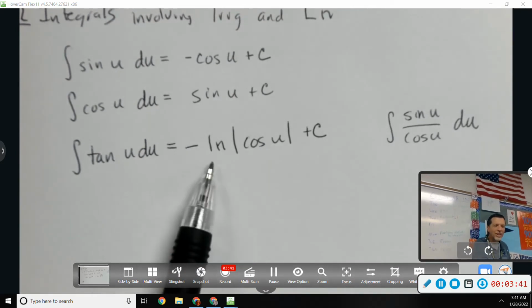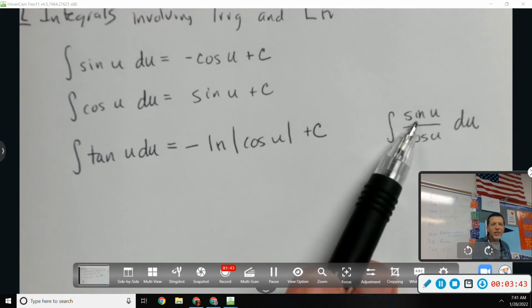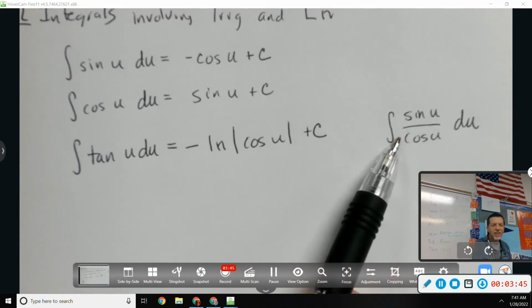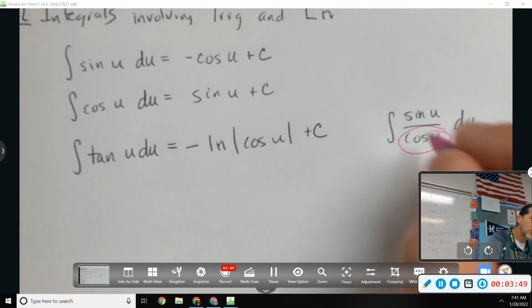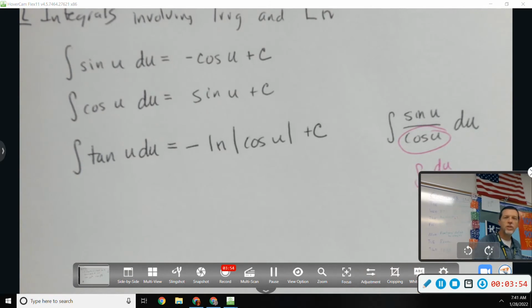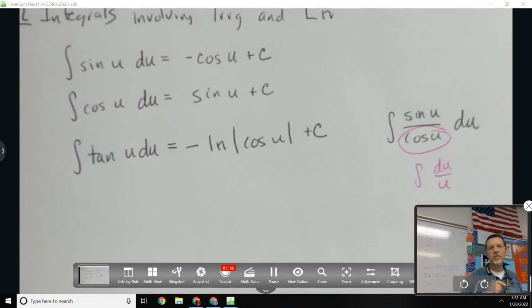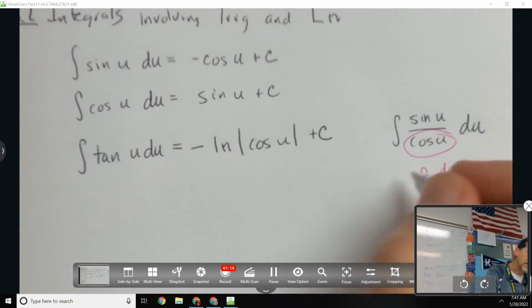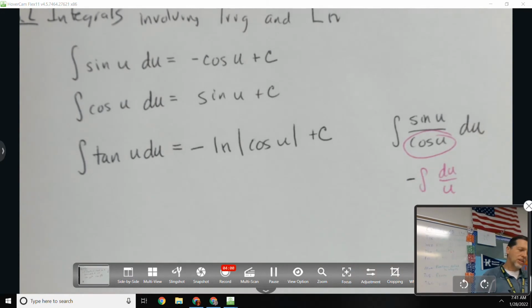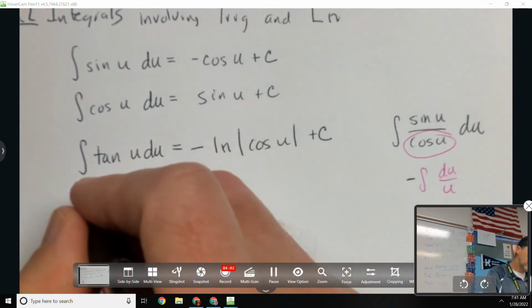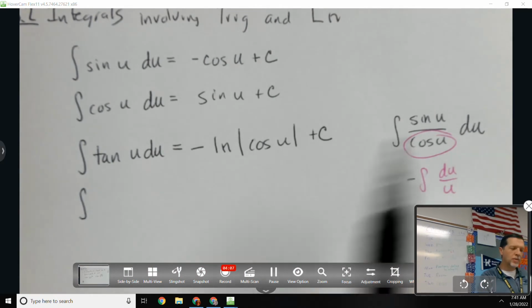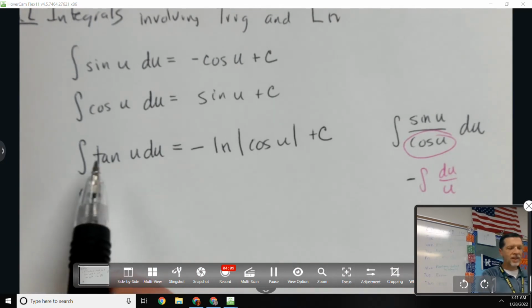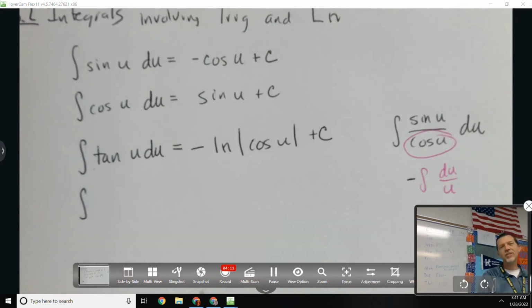I don't remember exactly which way it goes, but I know that if I rewrite it as sine over cosine, and I let u be the bottom, then du is the top, and I end up with du over u, which is natural log. Oh, and a minus sign to account for the cosine. Some people go through that every time. Other people just straight up memorize integral of tangent as negative natural log of cosine.